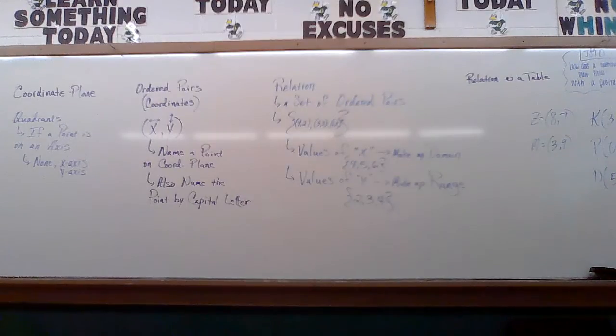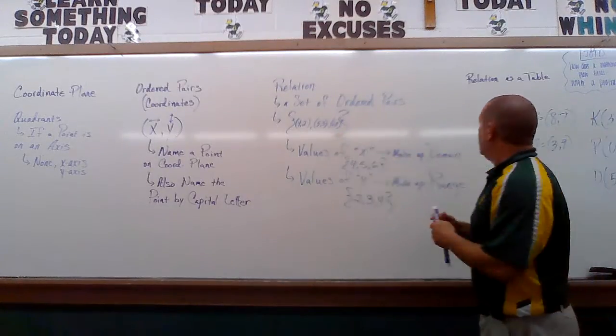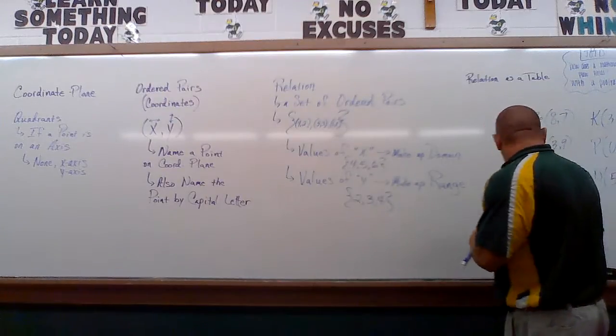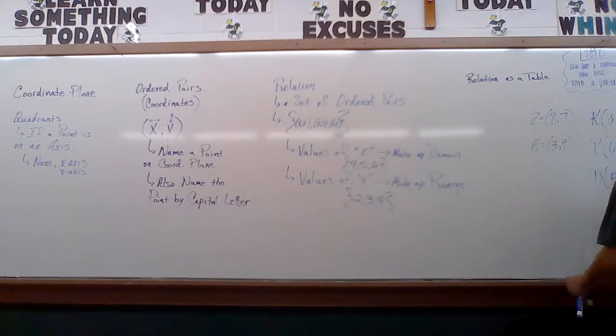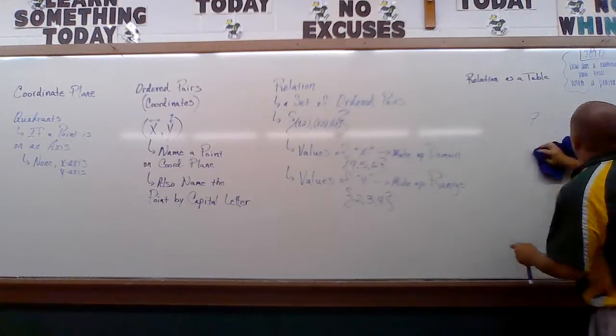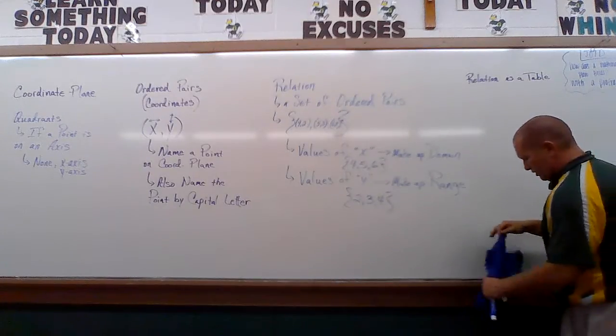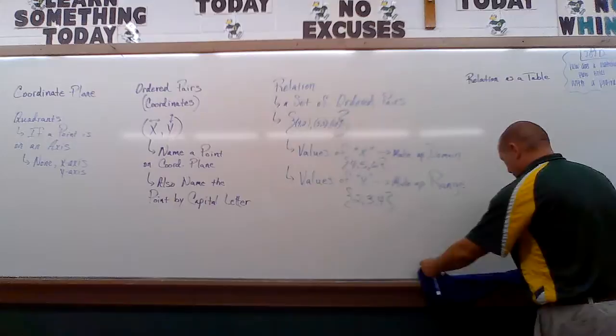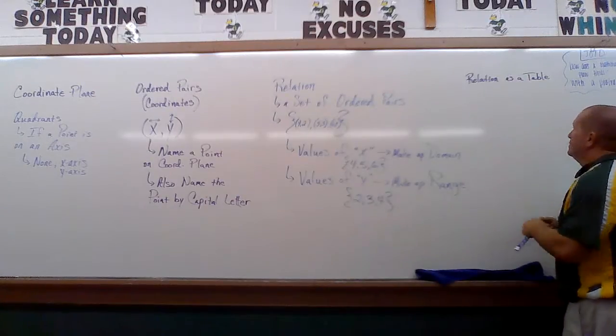What does that mean? Well, a table, if I wanted to take this relation right here and write it as a table, I can write a table either vertically or horizontally. That's basically kind of up to you, whichever one you like the best. I'm not going to really tell you how to do it.